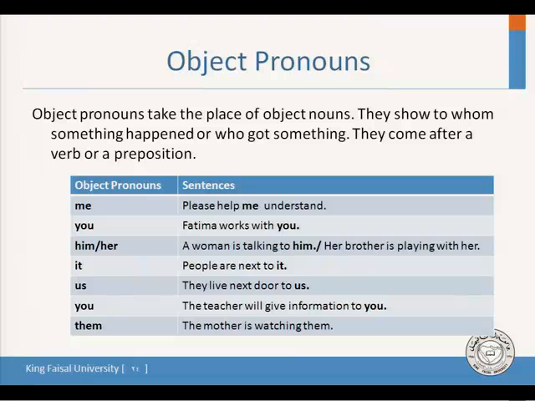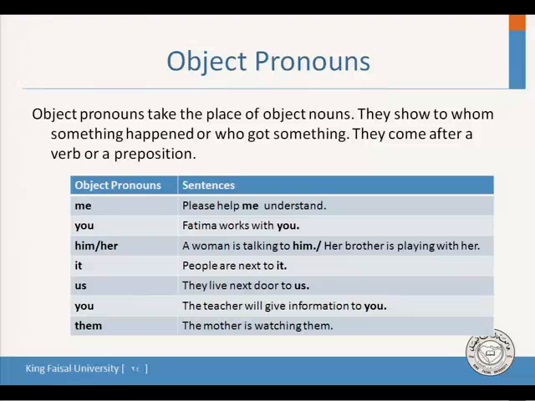Please help me understand. Fatima works with you. She works with you. Object. A woman is talking to Ahmed. A woman is talking to him. Her brother is playing with her. People are eating next to it, next to the food stand, next to the door.